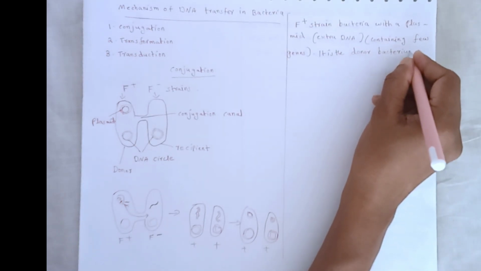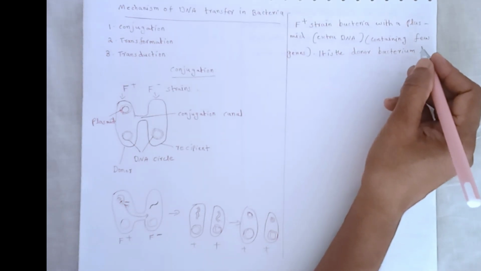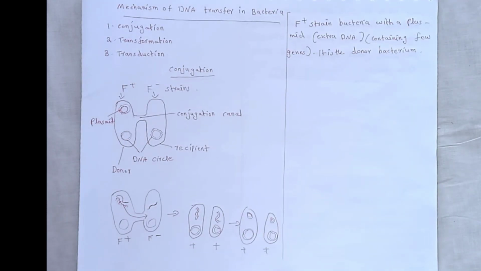Bacterium is singular and bacteria is plural. First the plasmid rewinds to form two single strands.